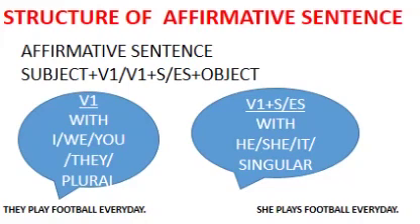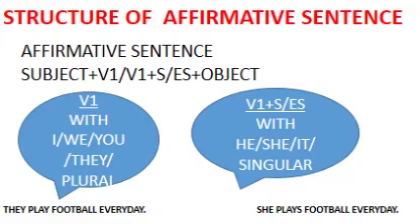The structure of an affirmative sentence is subject plus verb's first form, or verb's first form plus s or es, plus object. As you can see here, there is no helping verb. There is only the main verb, verb's first form or verb's first form plus s or es.